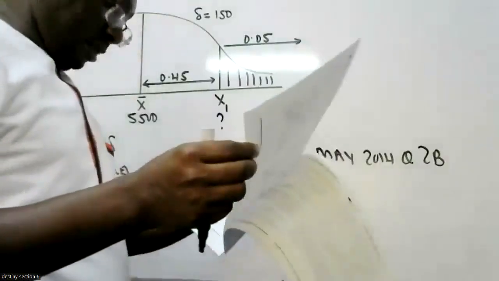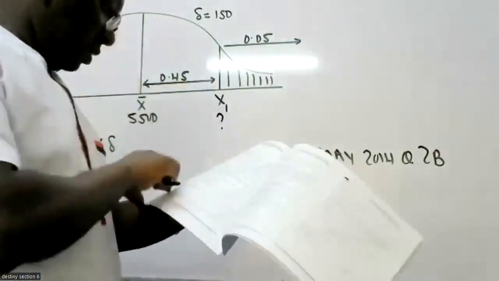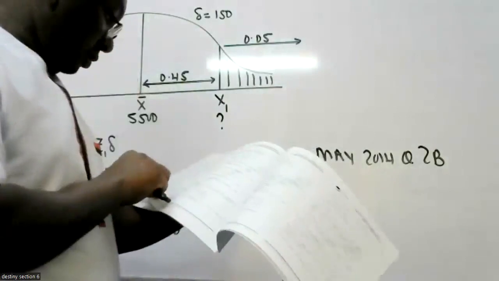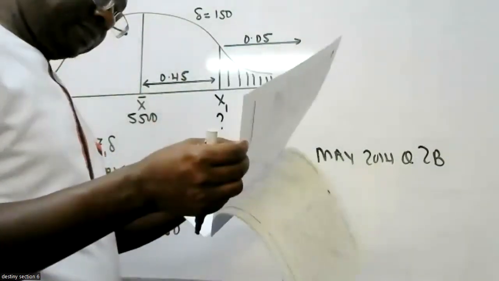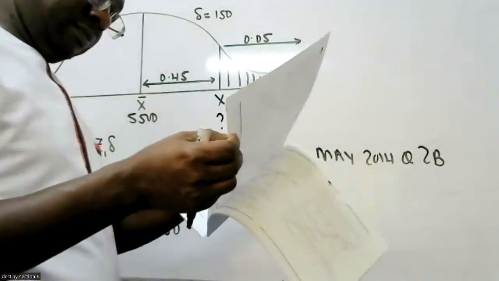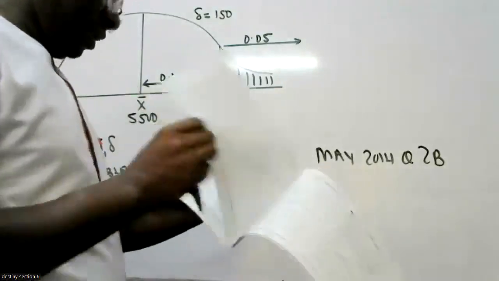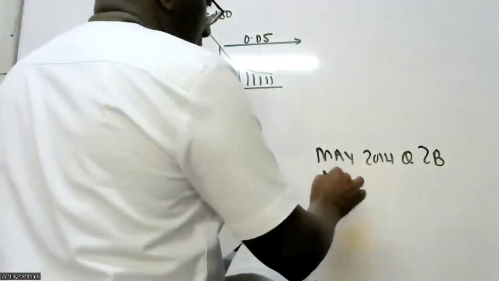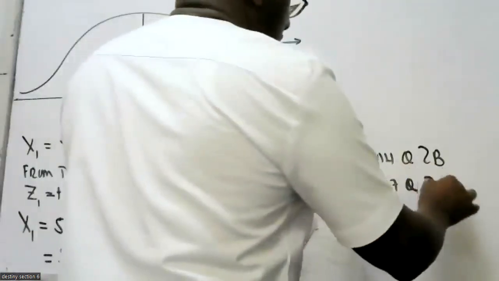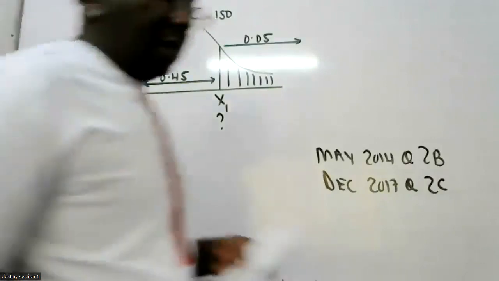Then December 2017, question 2C. So you attempt those ones, to be good.